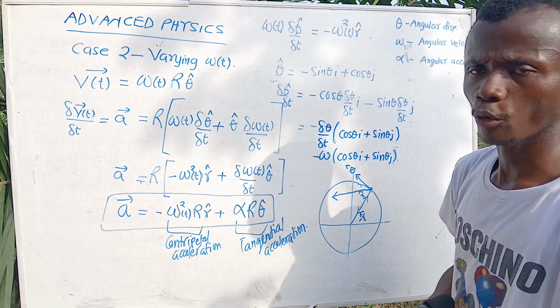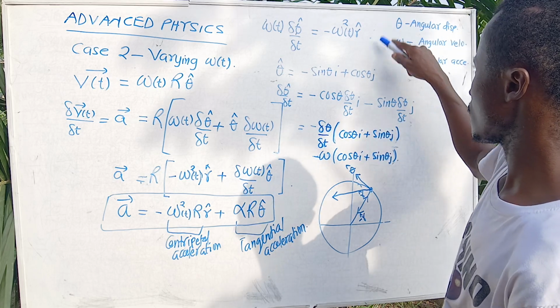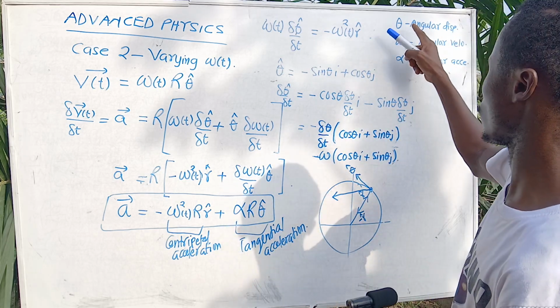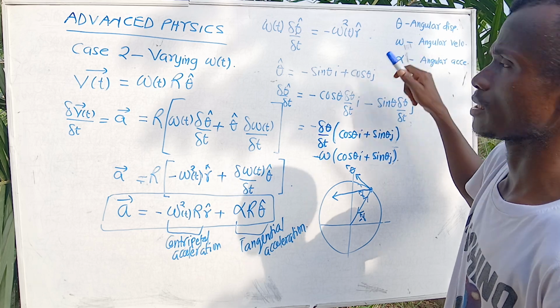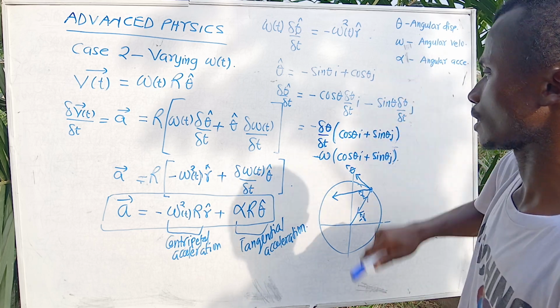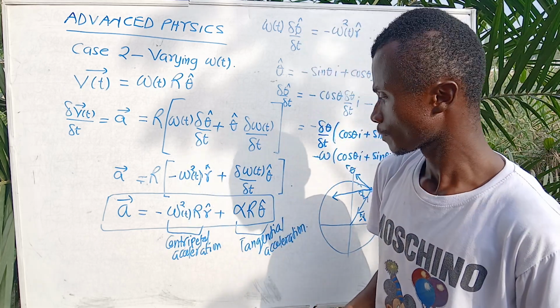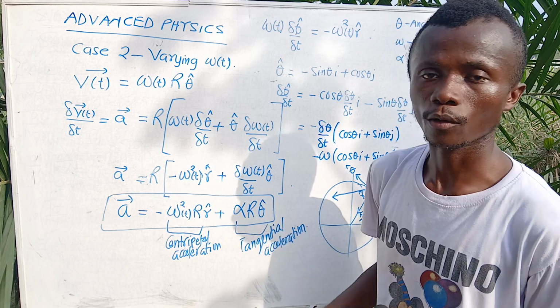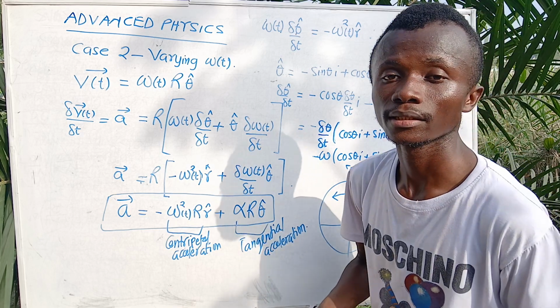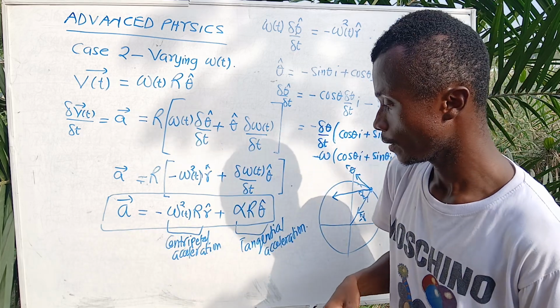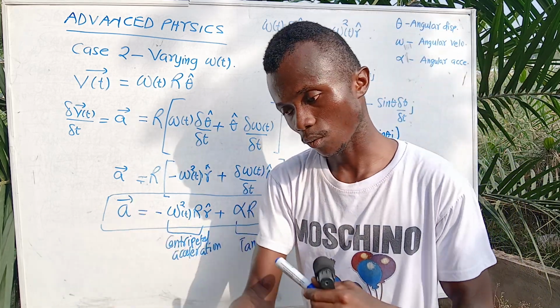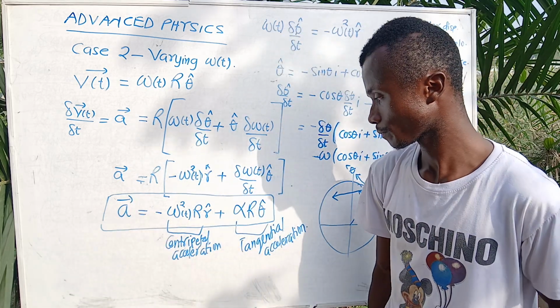So for a variable omega, the three angular parameters are angular displacement, that is theta, angular velocity, that is omega, and now angular acceleration, which is alpha. And alpha multiplied by r, we call that tangential acceleration, one of the linear accelerations, tangential to the circle. One is centripetal, which is toward the center of the circle.